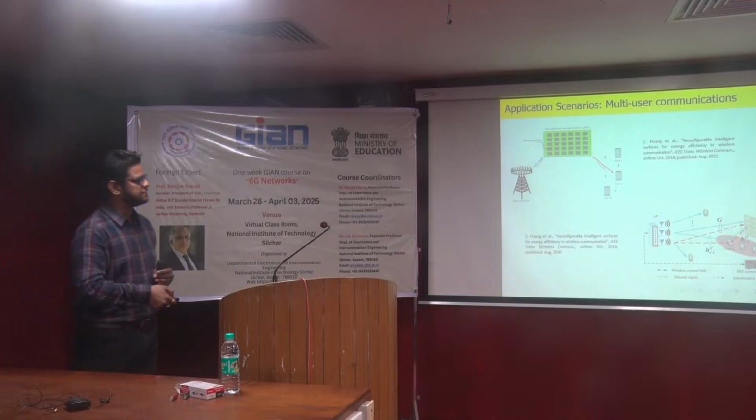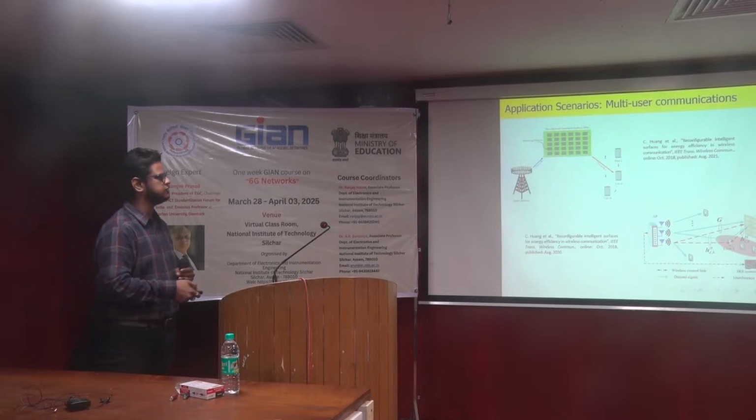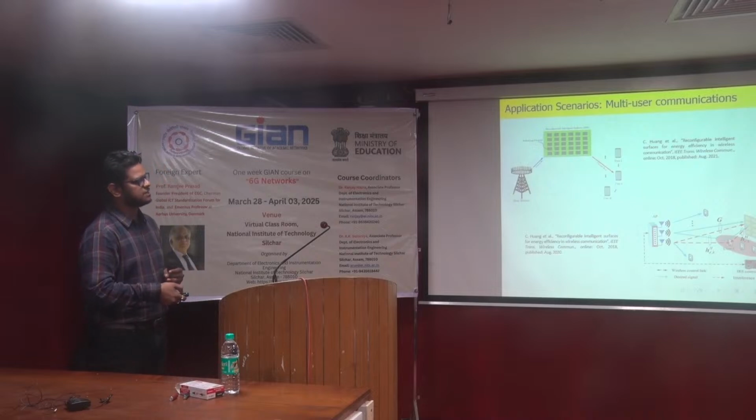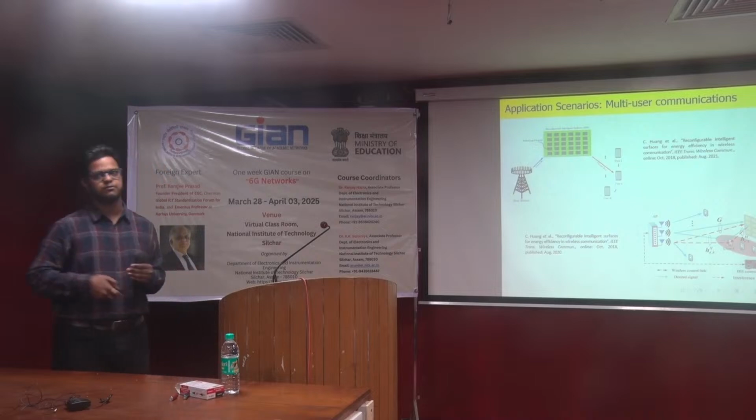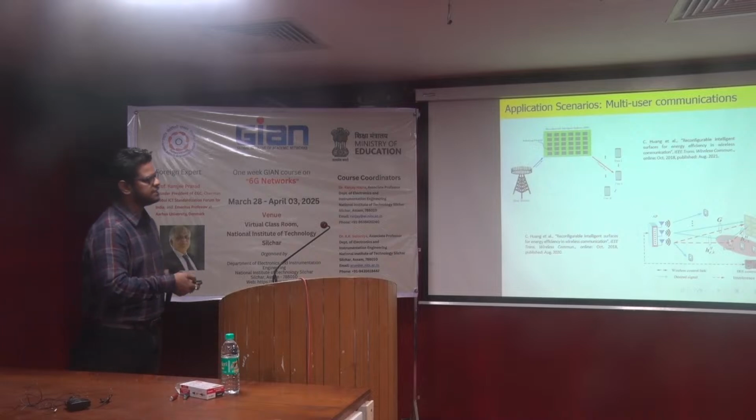Then in the second scenario, there is an access point, considered as D2D communications, where the device utilizes an IRS to improve the coverage and the signal strength. However, as we can see, there is already a direct link between the access point and the user.